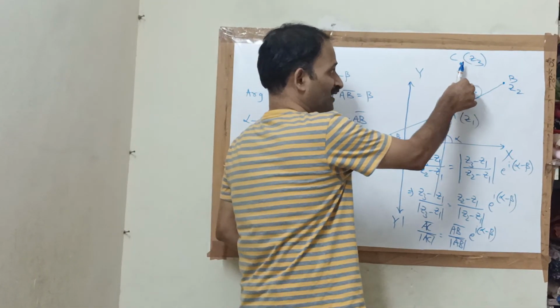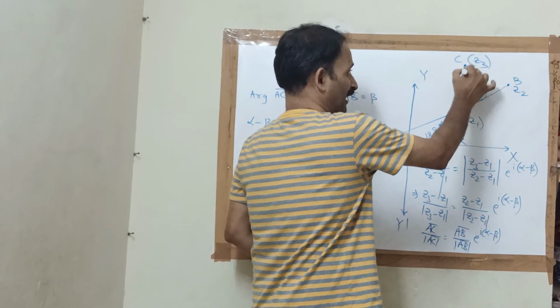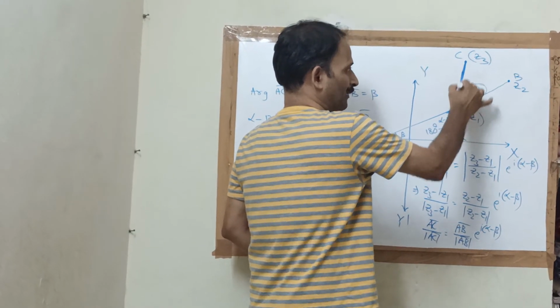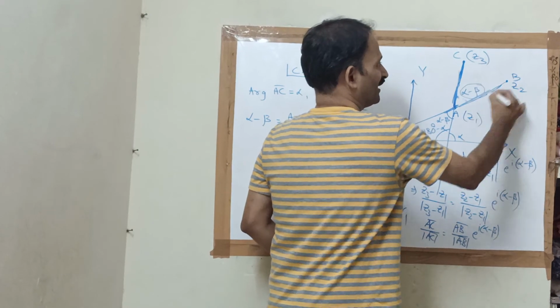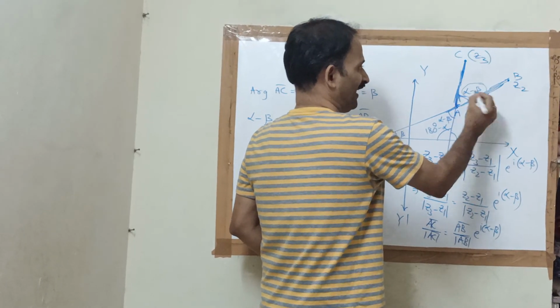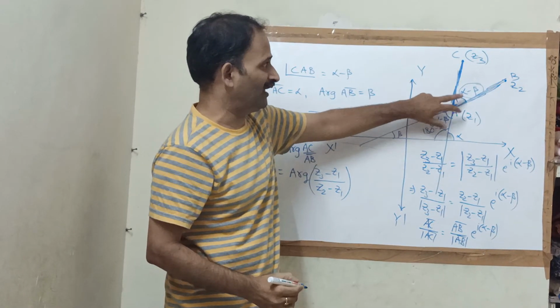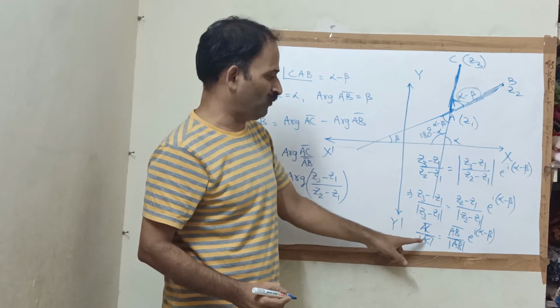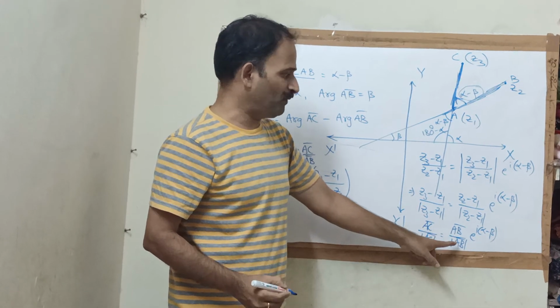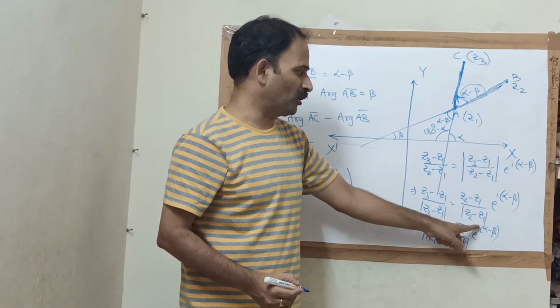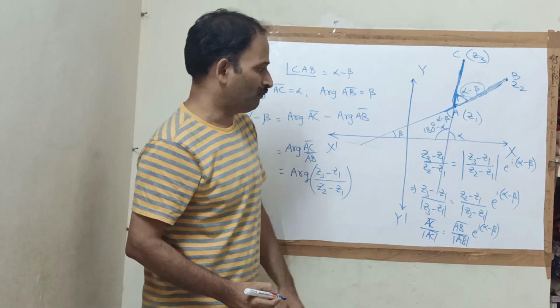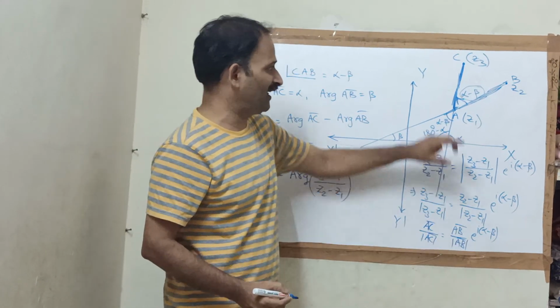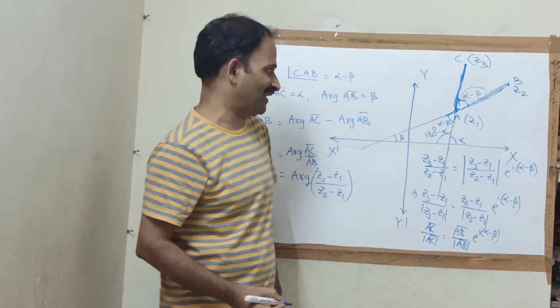Here rotation means this terminal AC bar is obtained by rotating this AB bar through an angle of alpha minus beta in anti-clockwise direction. AC bar by mod AC bar equals AB bar by mod AB bar into e power i times alpha minus beta. Here this alpha minus beta is the argument of this complex number.